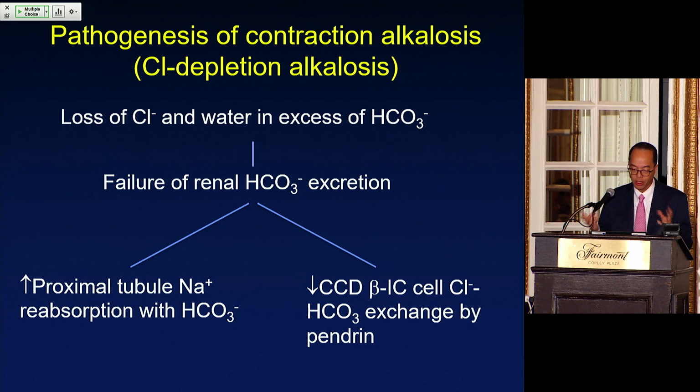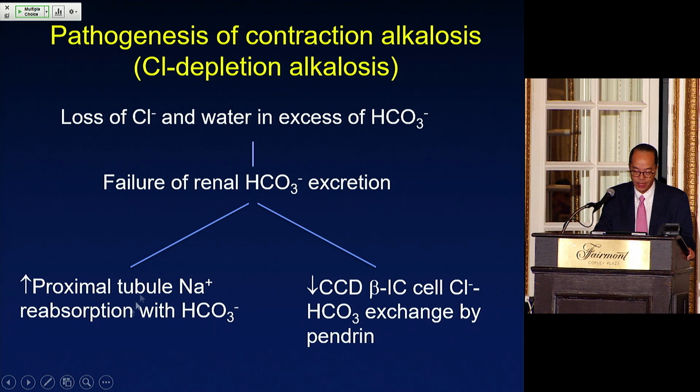And then when that occurs, your bicarbonate concentration goes up, but it only causes an alkalosis if the kidney can't excrete the bicarb. So it turns out that, as I mentioned, in patients who are volume contracted, a couple of mechanisms are in play that prevent you from excreting bicarb.